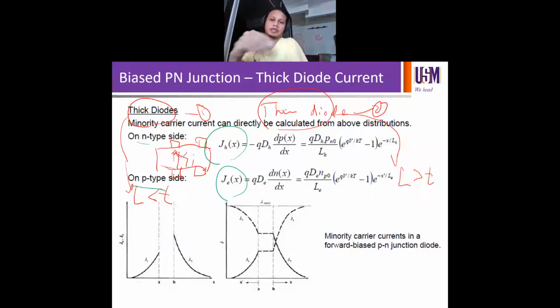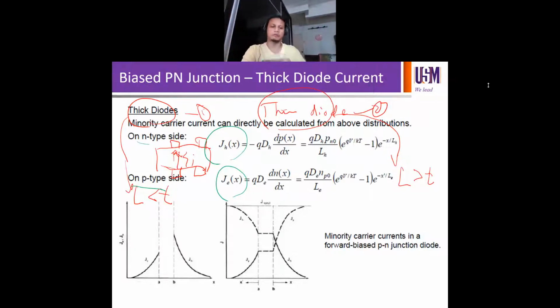So you can revisit balik our previous lecture where the main contribution will be diffusion, right? So the current related to the minority carrier densities on both sides of P and N are based on diffusion. So JH will be given by this equation and JE by the second equation.